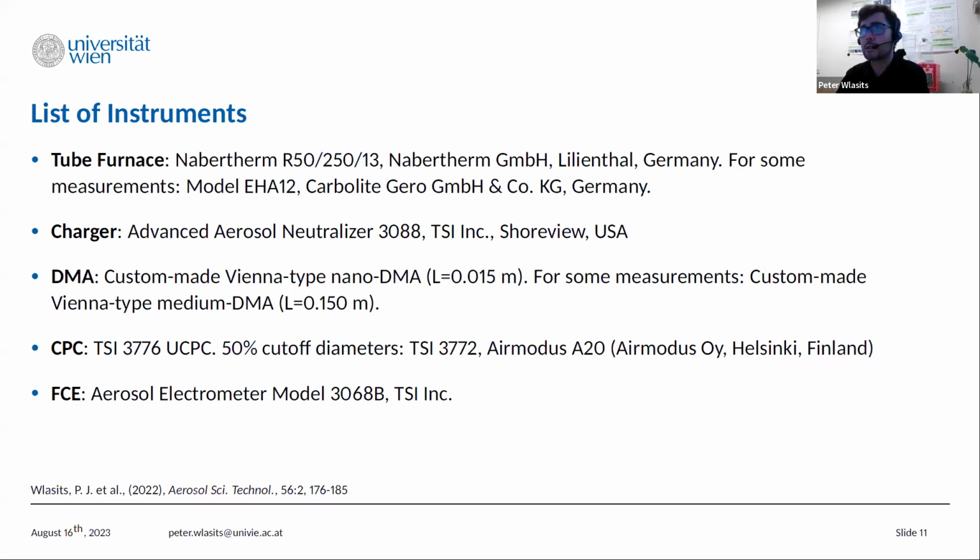Then we had two custom-made Vienna type DMAs, one nano DMA, which we did most of the measurements with, and then we had some measurements with an extended diameter range. For this, we used the medium DMA, so you can see that the length is different, else the DMAs were basically the same. Then the standard CPC we used was a TSI 3776.